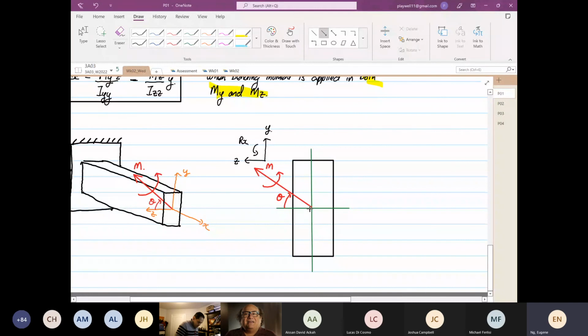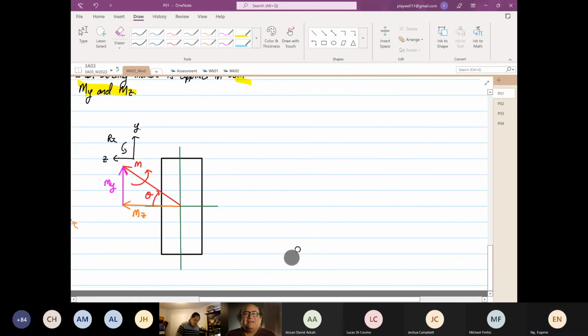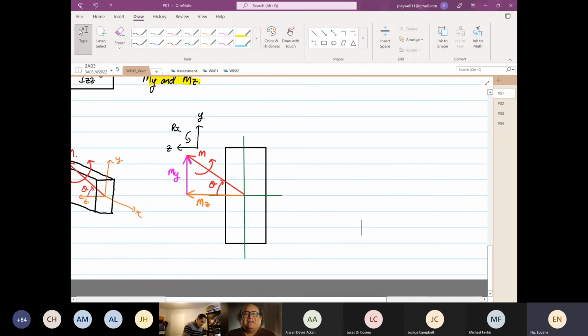So this will be our Mz, and then the next one will be our My. And to write the formula for each of them is very straightforward.